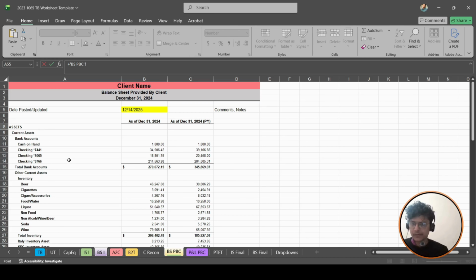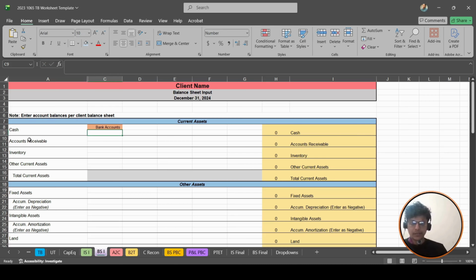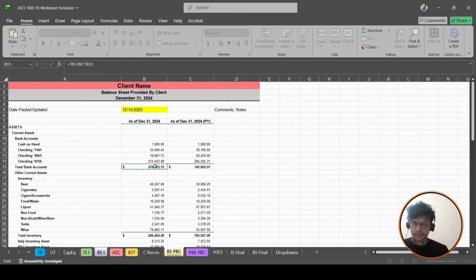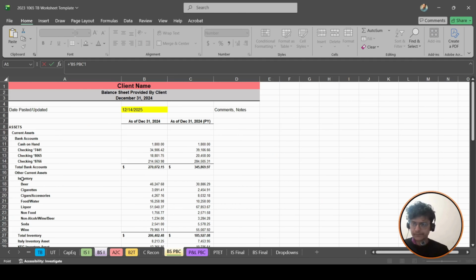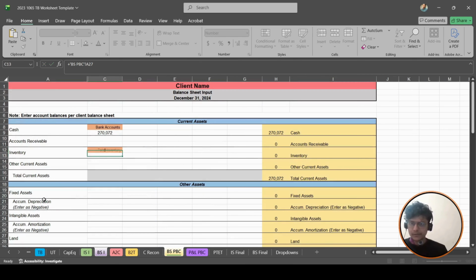So current assets, bank accounts. Cash means all the bank accounts and the cash on hand. Total bank accounts. Then we have an inventory. Total inventory.